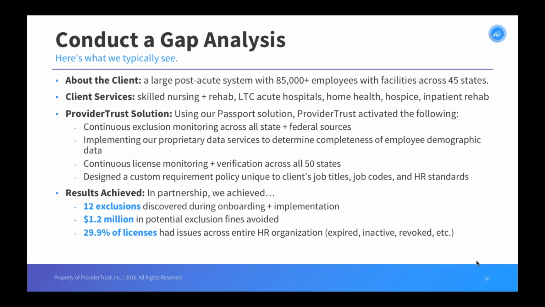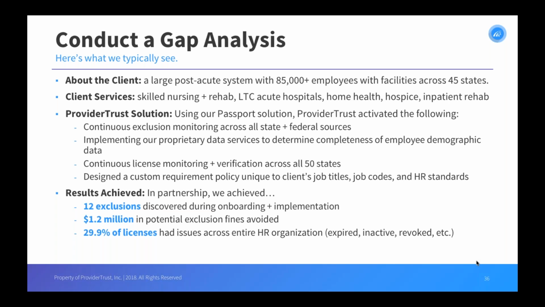We implemented a proprietary data service to determine the completeness of that demographic data, that people data baseline. We activated continual license monitoring and verification across all 50 states, and we designed for them a custom requirement policy unique to their job titles, job codes, and HR standards, right?